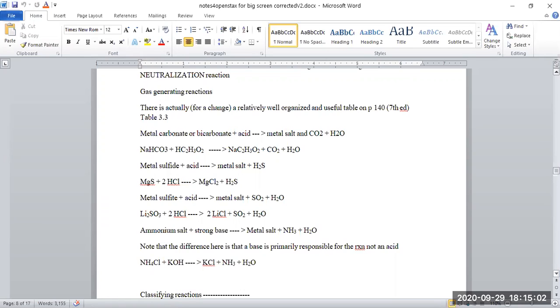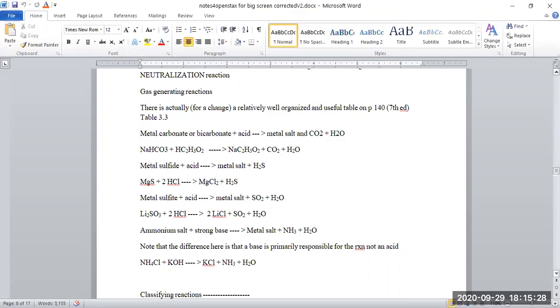What if I had oxygens attached to my sulfur? That's another variation, but it doesn't give you hydrogen sulfide, it gives you sulfur dioxide. It gives you SO2 as your gas. Your lithium sulfite, lithium's my metal, the SO3 is my sulfite.